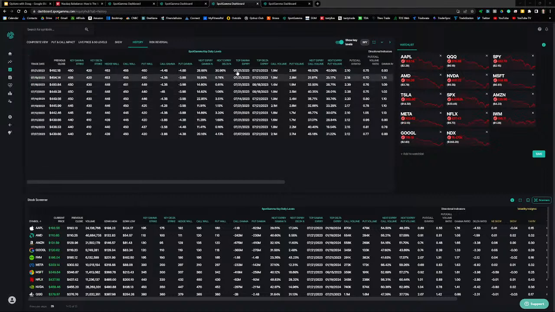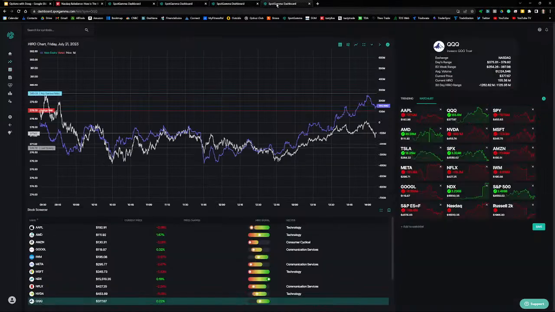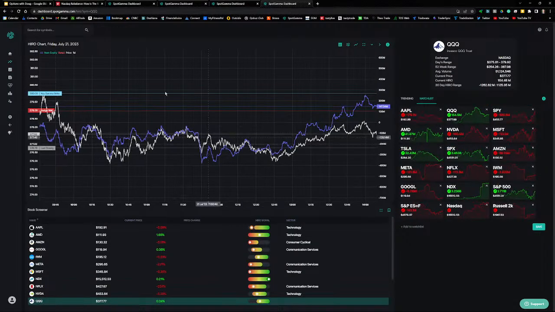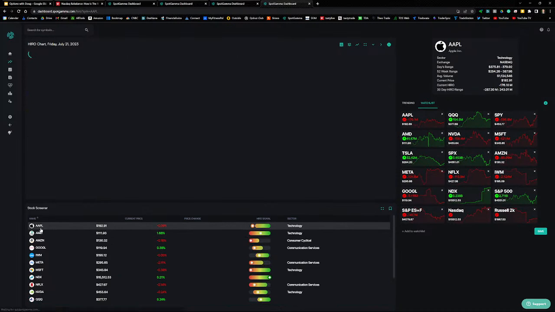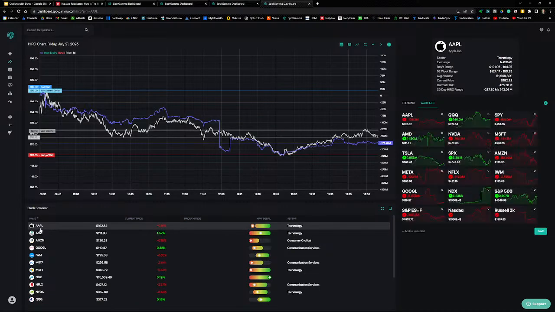All right, so let's go take a look at some setups now. We'll start with Apple. So note Apple, we'll see in Bookmap reverses just short of the 195 call wall.